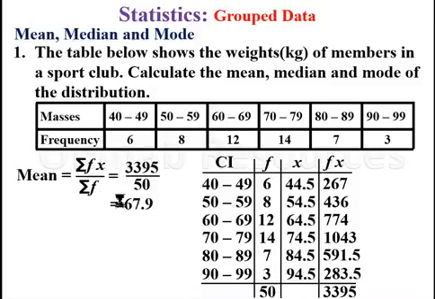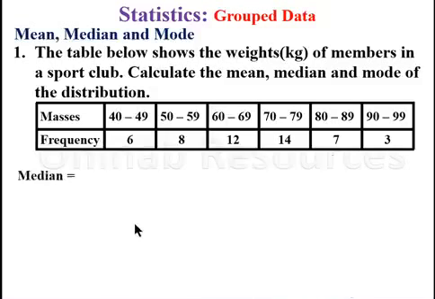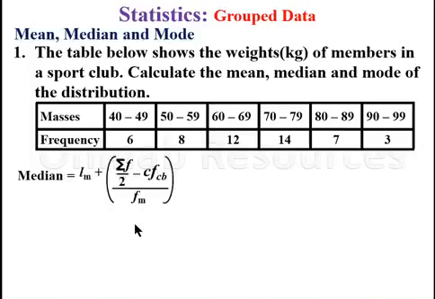So we go for the median. For the median, the formula for grouped data is given. So this LM means the lower class boundary of the median class. This is the summation of the frequencies divided by 2.